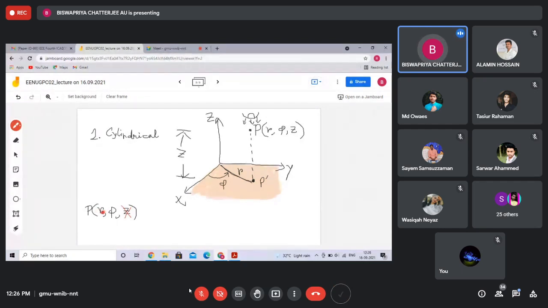Perhaps you might have done some conversion from Cartesian to polar coordinates, or vice versa, from polar coordinates to Cartesian coordinates.